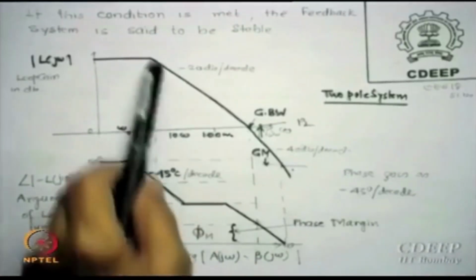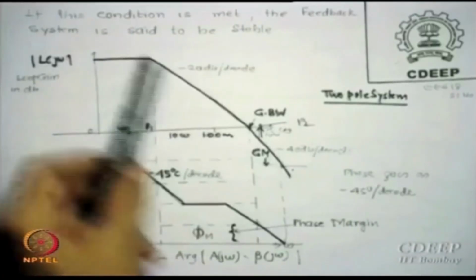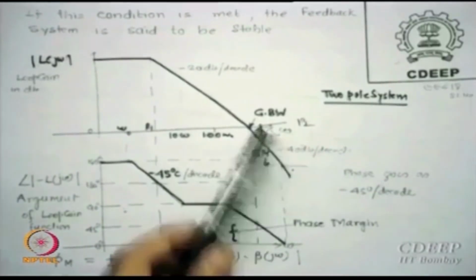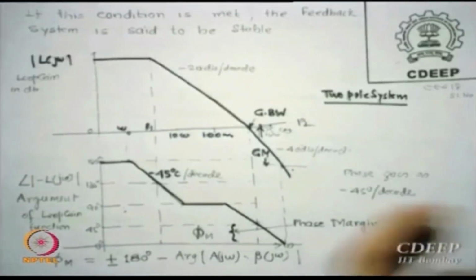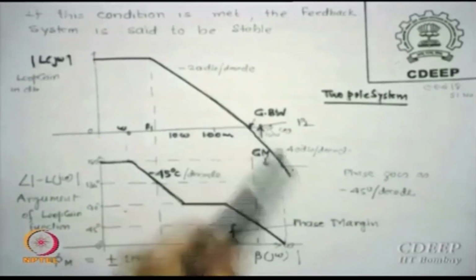The way it is chosen right now is this pole all the way, a single pole is occurring till the gain bandwidth point is reached, that is 0 dB gain is achieved. Beyond that, let us say the second pole occurs at GBW. It may occur earlier or it may occur later, but this is the mid case where the second pole starts at GBW itself.